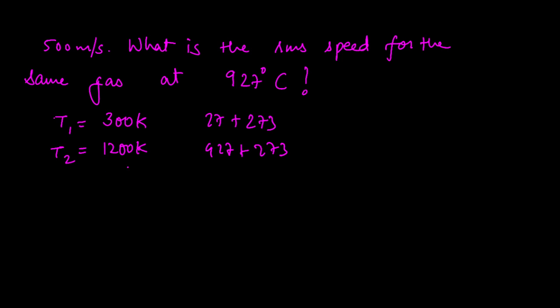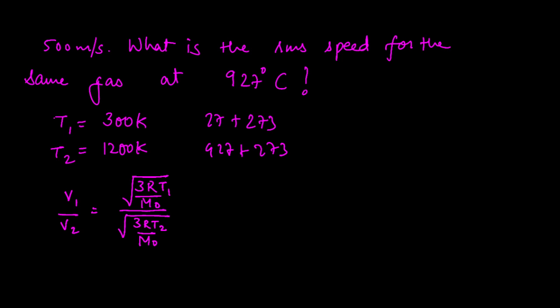So now we will use the formula for Vrms. Case 1 upon case 2. Under root 3RT1 by M0 upon under root 3RT2 by M0, or use kBT, that will also work. Don't worry about that. Both the formulas are always true. So now this is what we have got.